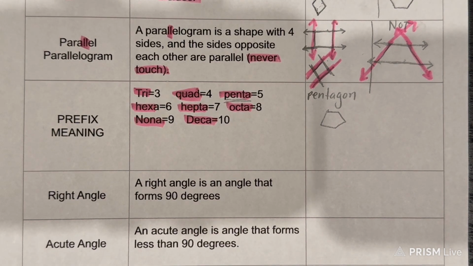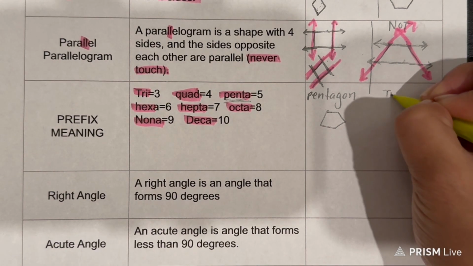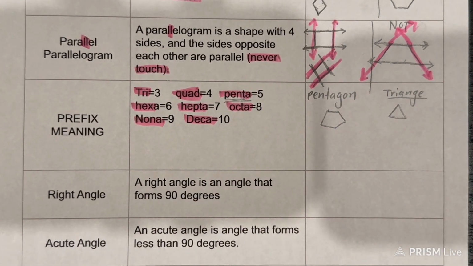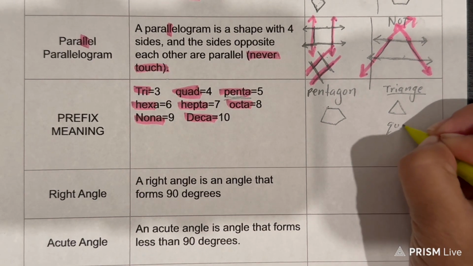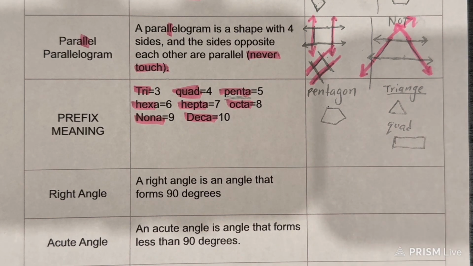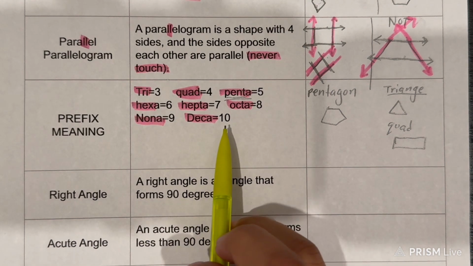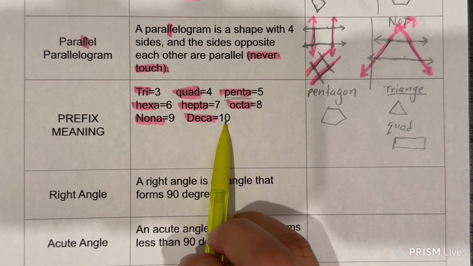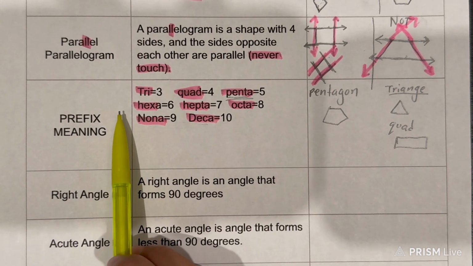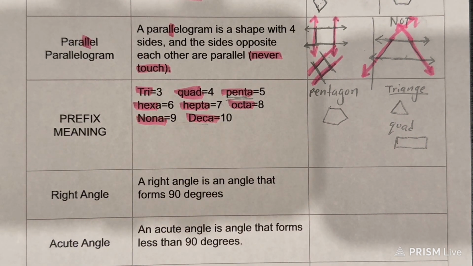If I were to say I need to draw a triangle, we know that a triangle has 3 sides. I need to draw a quadrilateral. Quad has 4 sides. If I need to draw a decagon, we know that we need to draw a shape with 10 sides. An octagon, 8 sides. Just remember that each of the shapes has this number of sides based on its prefix.